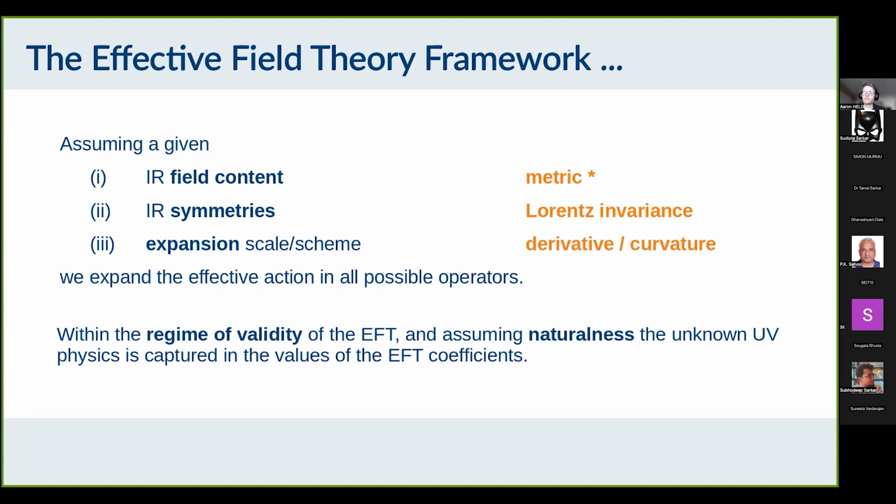And so really at that point I don't need to specify what beyond GR physics I'm considering. I'm really considering the onset of any possible beyond GR physics, any heavy modes that might be around and come in at the scale of the binary system that we want to investigate in the end.